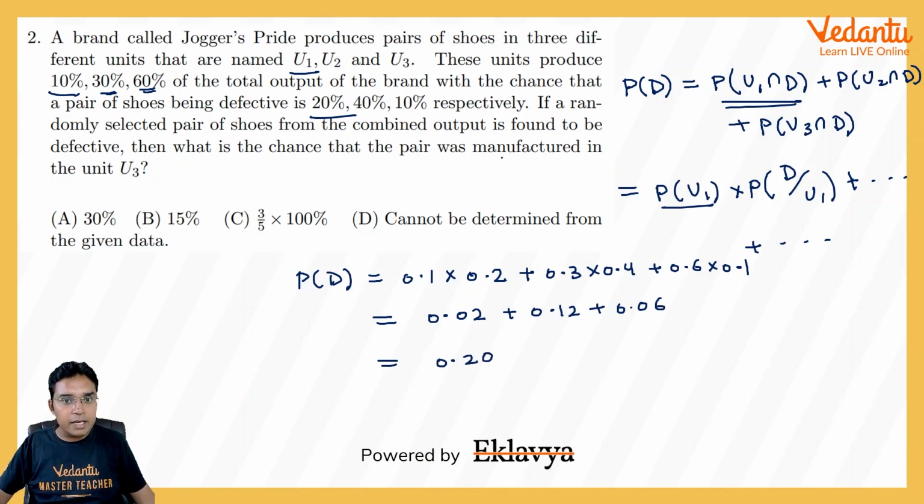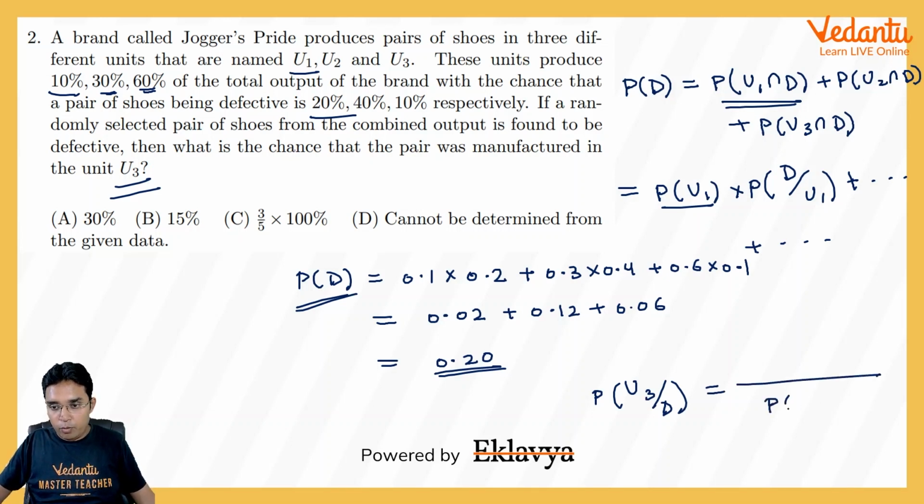Now they are asking, if the shoe was defective, for which we have found the probability is 0.2, what are the chances that the pair was manufactured in unit 3? So actually we are looking for the probability of unit 3 given that the shoe was defective. So we will be writing the probability of D here and we will be finding U3 intersection D here.